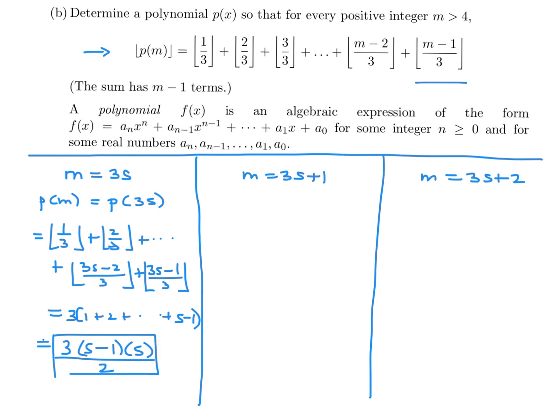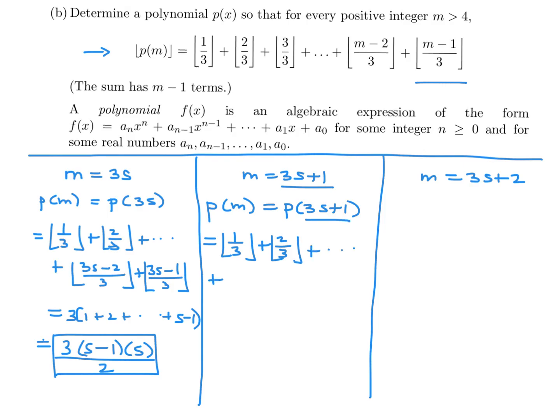Okay, so let's keep that for now. We'll use it later. Using the same kind of methodology to do this one, 3s plus 1. Same thing, 1 over 3 plus 2 over 3, and then dot, dot, dot, all the way till, we have to put 3s plus 1 in these two to get an idea of what we're dealing with.